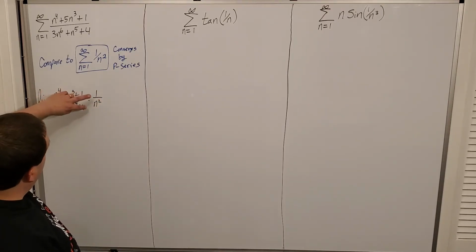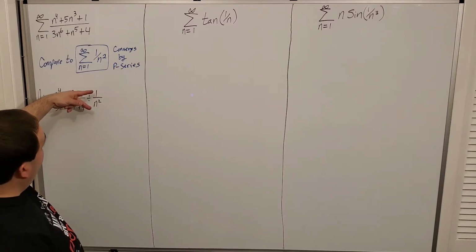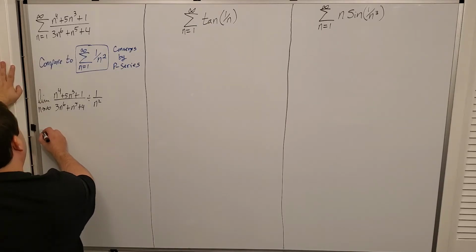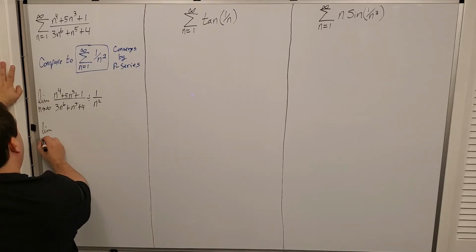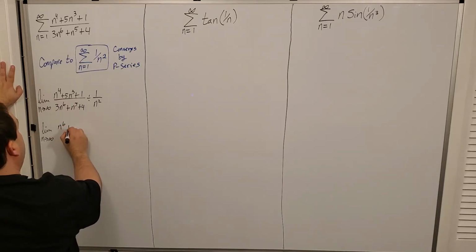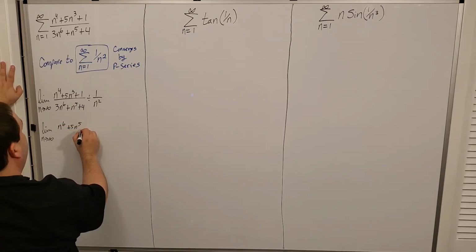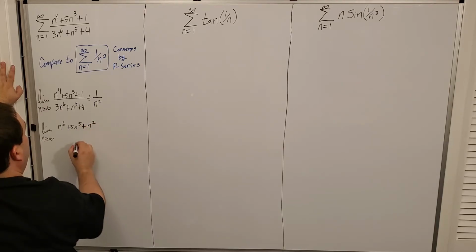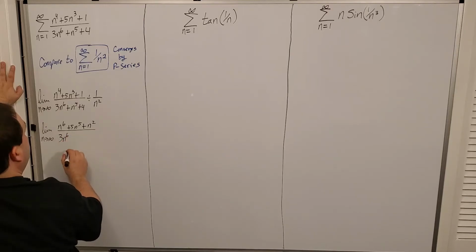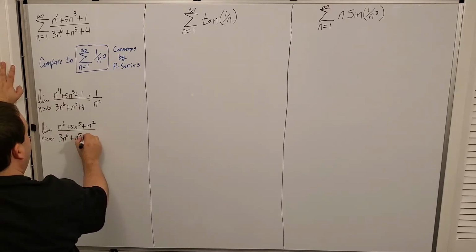So what I'm going to end up doing is the reciprocal and multiplying the n squared all throughout. That's going to give me the limit as n goes to infinity of n to the sixth plus 5n to the fifth plus n squared over 3n to the sixth plus n to the fifth plus 4.